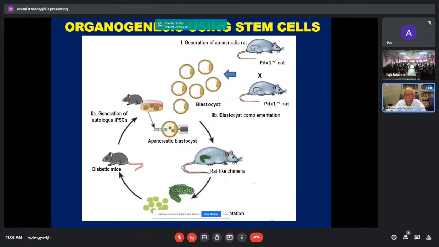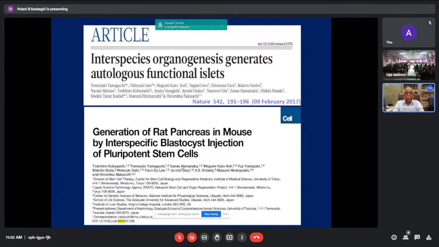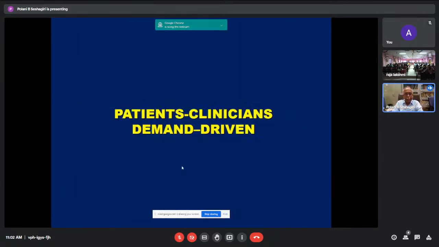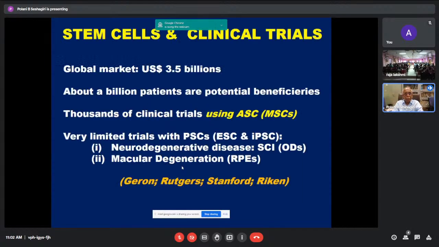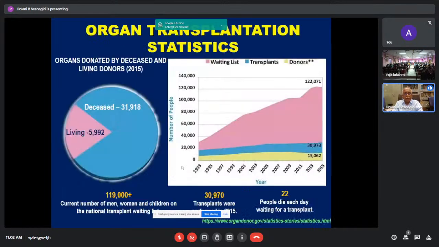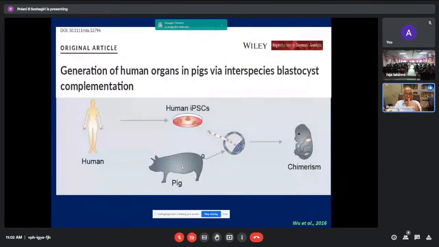So these again are not fantasies. This interspecies organogenesis has been created very successfully in the mouse and the rat using pluripotent stem cells and this kind of genetic engineering approach. And it has even been done for the human, using human iPSC cells, and therefore human pancreas is produced in the porcine system, so that this particular porcine species can become an organ donor for transplantation into the human.